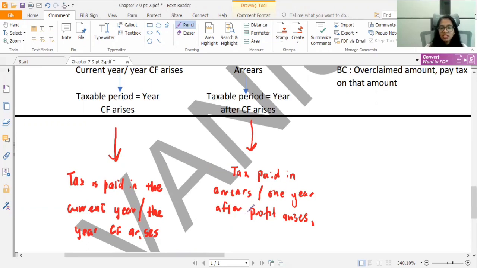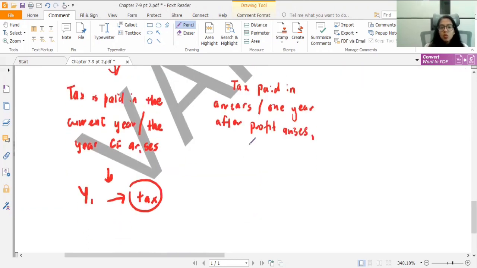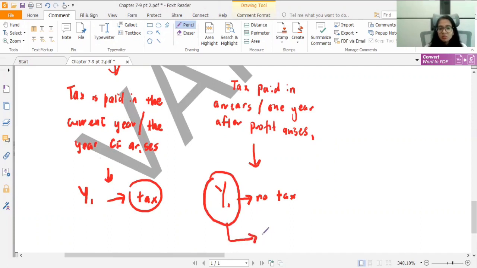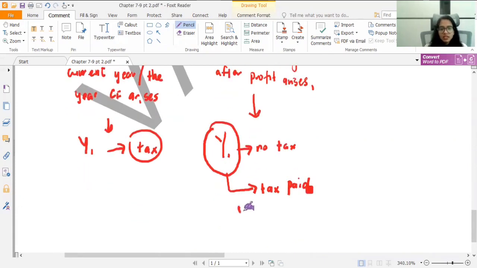So what you do is, your year one will have no tax, but for year one, the tax will be paid in year two.